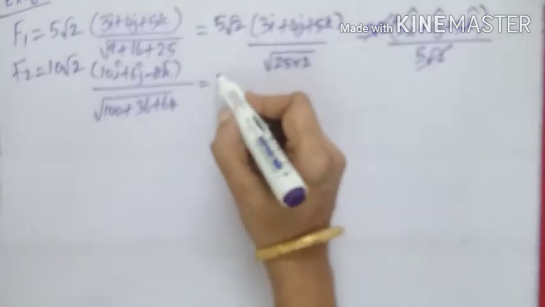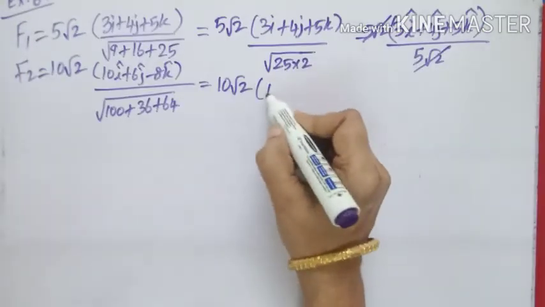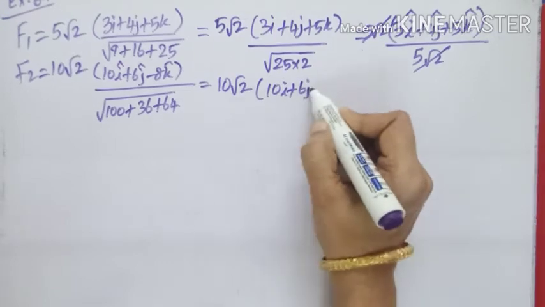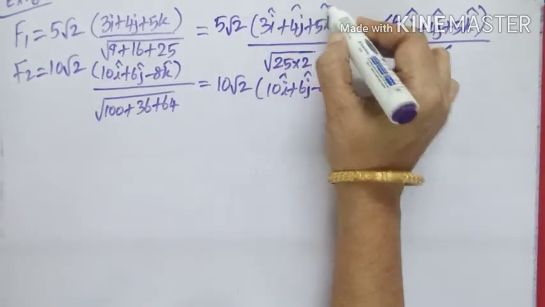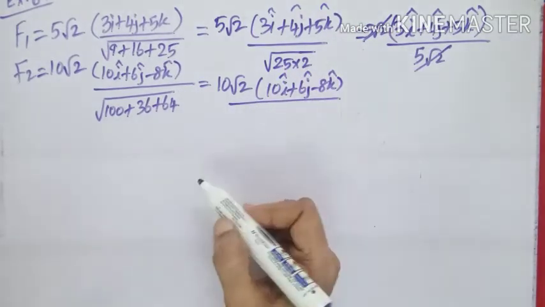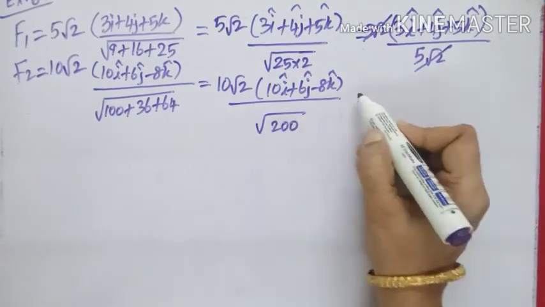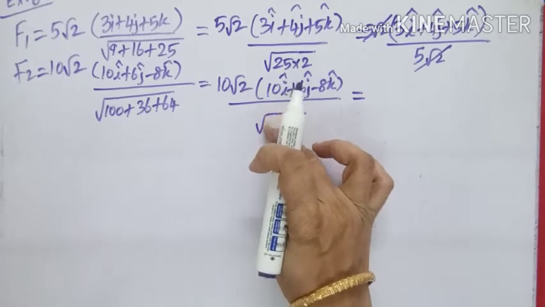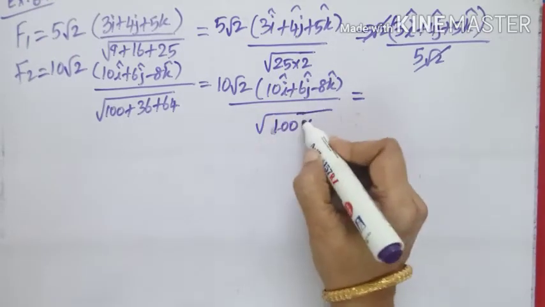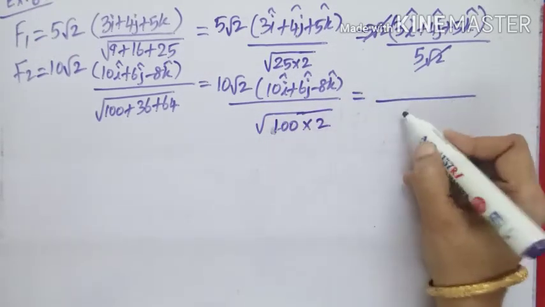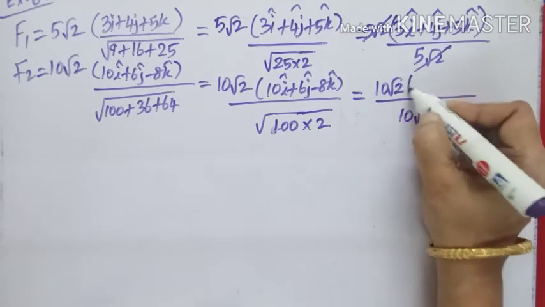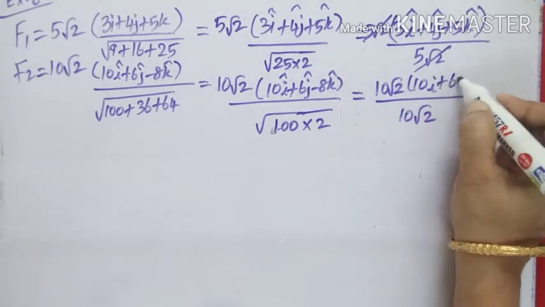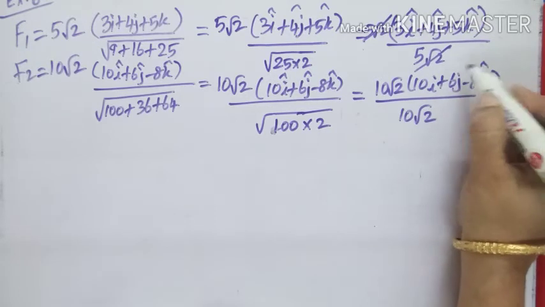Same way, try this. 10 root 2, 10i plus 6j minus 8k divided by root of 200. 200 can be written as 100 into 2. Root of 100 into 2 is 10 into root 2. Numerator also 10 root 2, that is 10i plus 6j minus 8k.